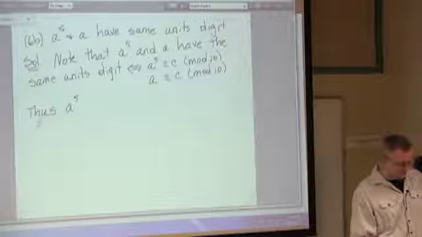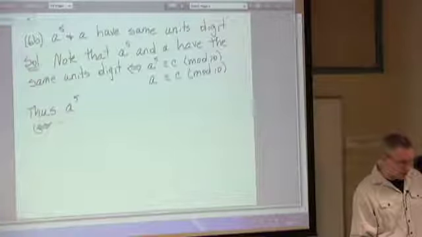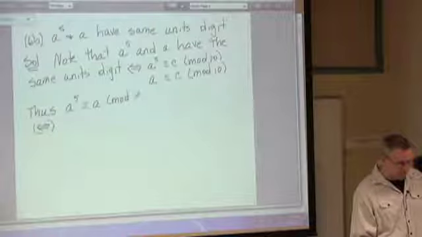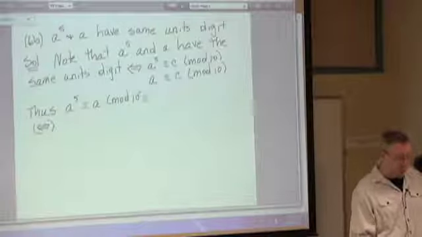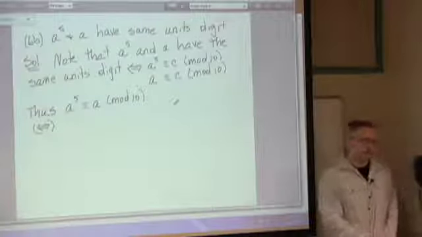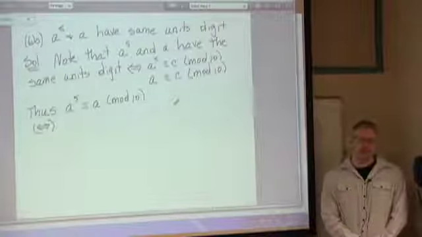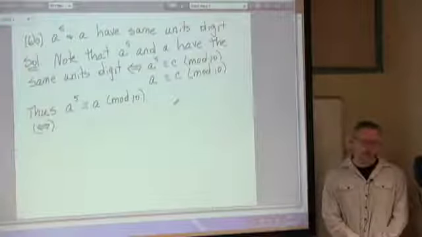Sorry, I really mean an if and only if arrow here: if and only if a to the fifth is congruent to a mod 10. That's really what this problem boils down to now.